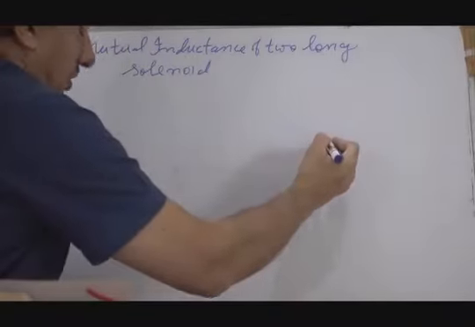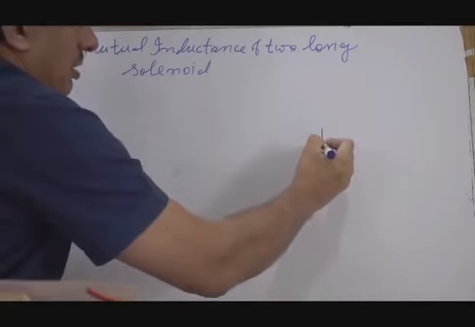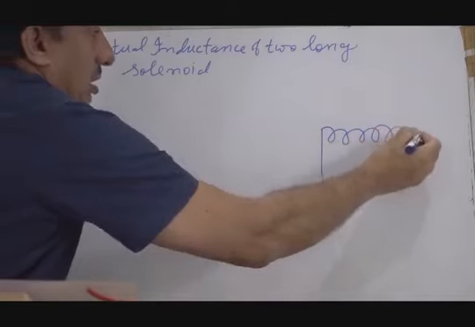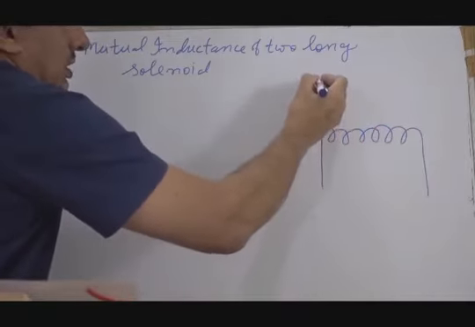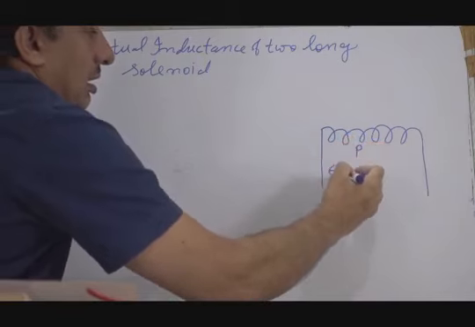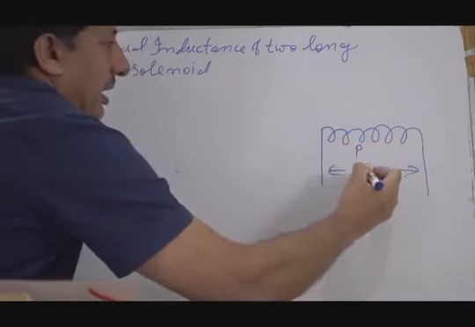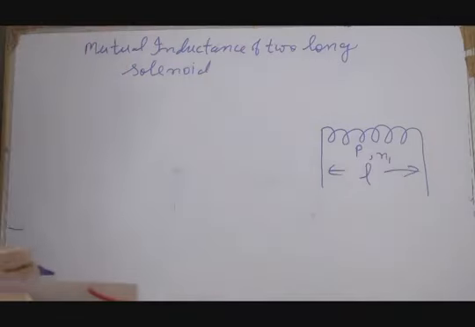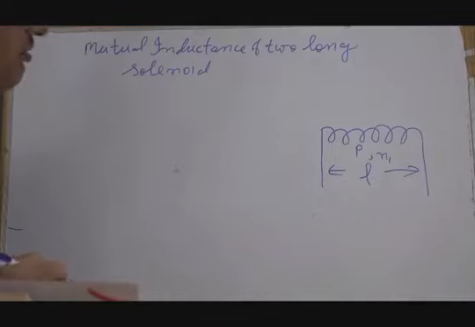This is the first solenoid, and this is the second. It is the primary. This length is L. Number of turns per unit length are N1. N1 are the number of turns per unit length in this primary.